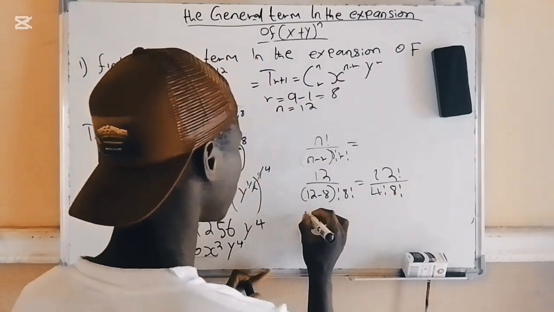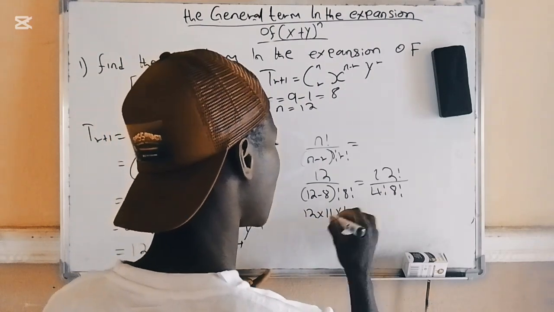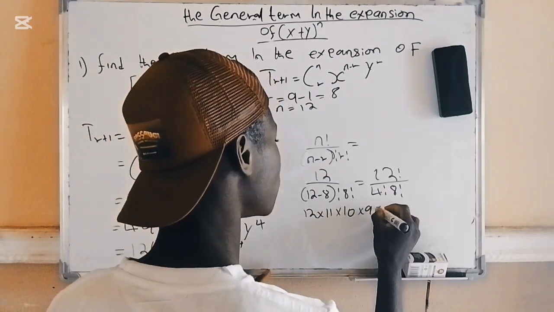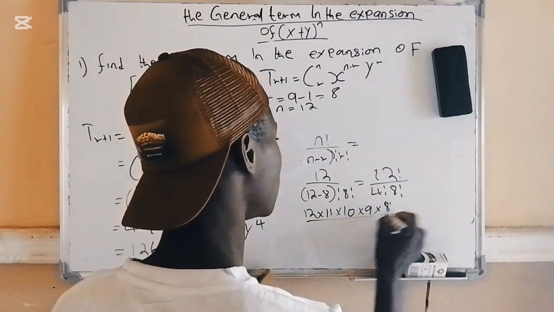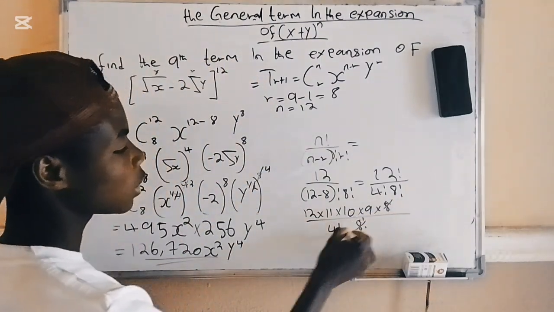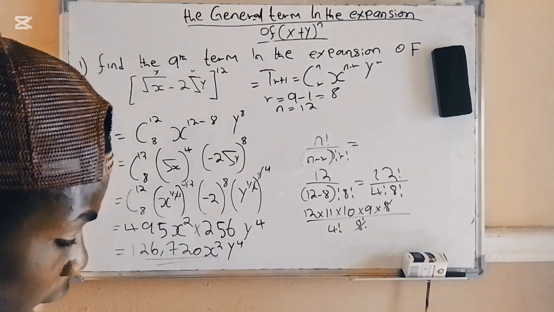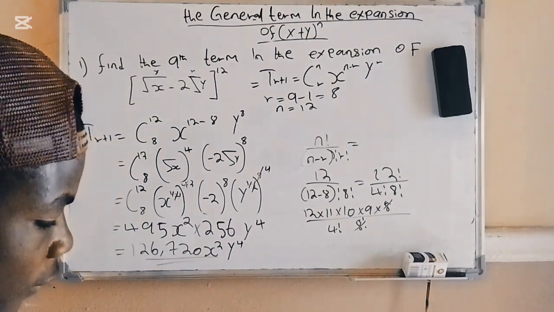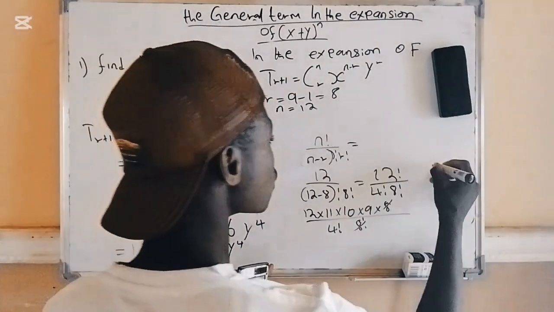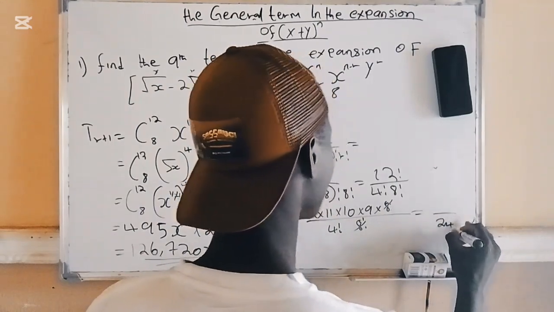So this equals 12 multiplied by 11 multiplied by 10 multiplied by 9 multiplied by 8 factorial, divided by 4 factorial into 8 factorial. The 8 factorial cancels. 4 times 3 times 2 times 1 gives 24, so 4 factorial is 24.